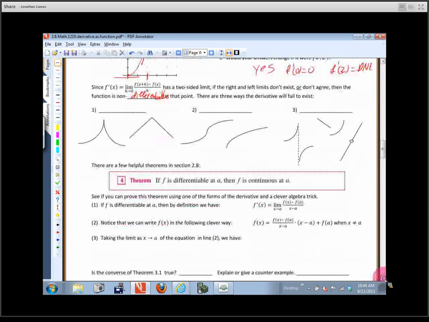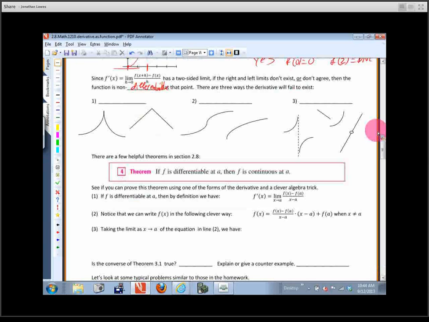Okay? And the next thing, please don't underestimate. I've just got some funky drawings right here. This is really important that you understand this. There are 3 ways that a function can fail to have a derivative at a point, or be non-differentiable at a point, is the way we say this. I would make sure that you know these for the test. The first way is if we have what's called a cusp or a corner. In other words, it comes to a point.